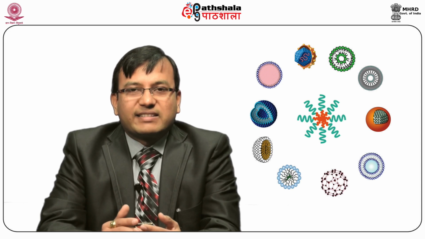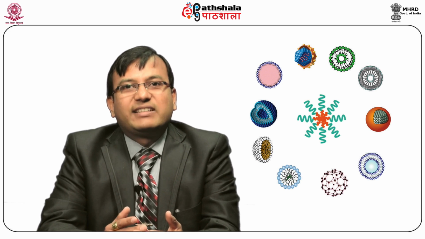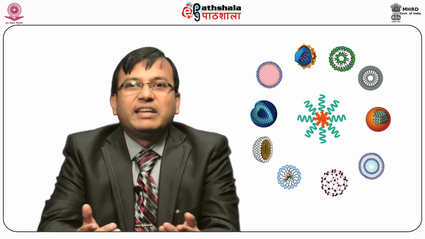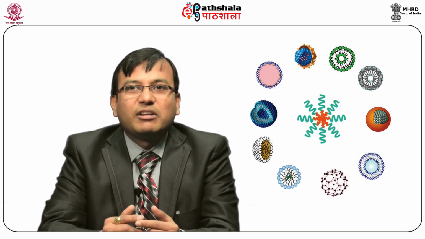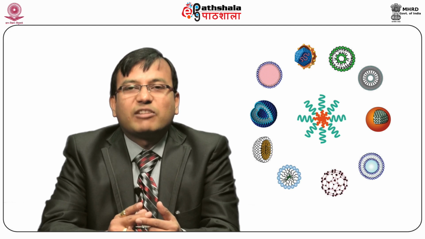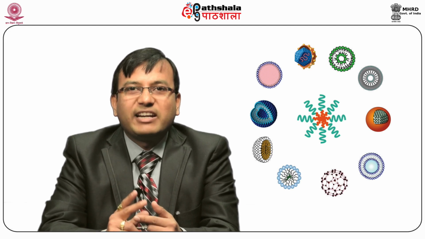As I told earlier, amino acids are the building blocks of proteins. Each amino acid residue is joined to its neighbor by a specific type of covalent bond known as the peptide bond.